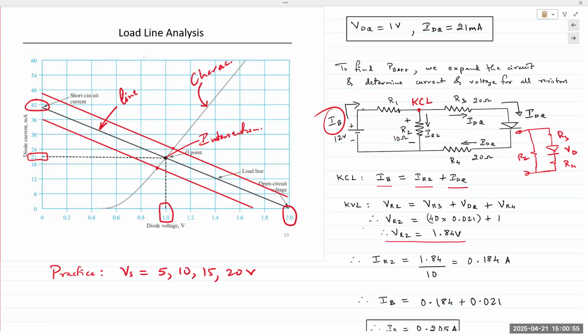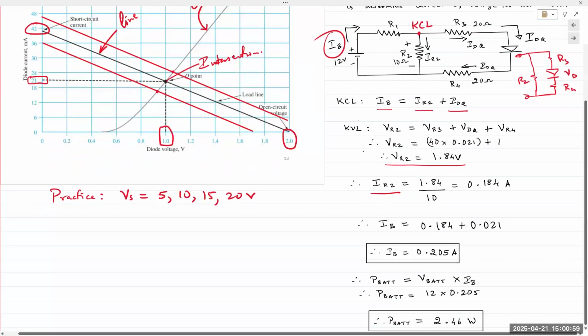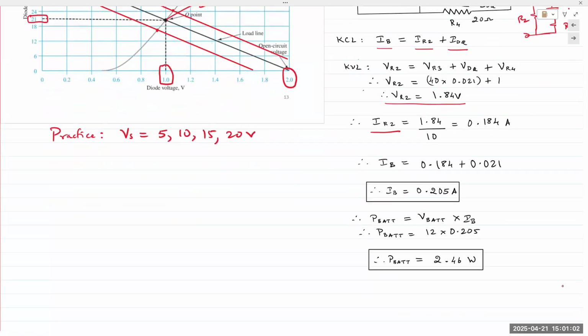From there, we apply Ohm's law to find IR2. And once we have IR2, we simply apply KCL at the top and find the total current supplied by the source, IB. Once we have IB, power is V times I. We find the total power supplied by the source as 2.46 watts.